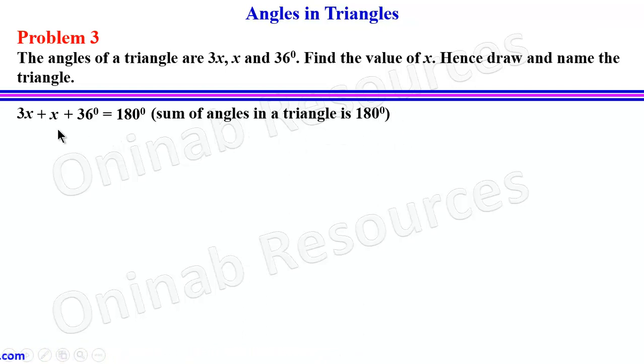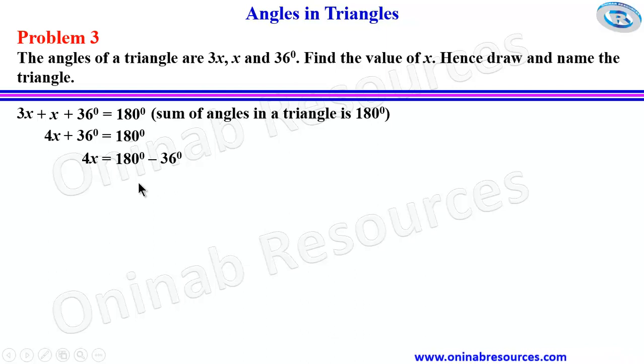This is going to give us 4x plus 36 is equal to 180 degrees. Bringing this to this side, 4x is equal to 180 degrees minus 36. And that will give 4x to be 144 degrees. Dividing both sides by 4, x is equal to 36 degrees.